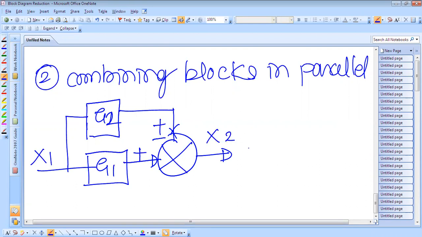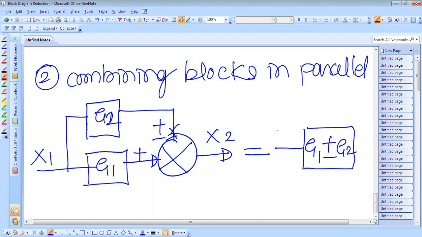If the two blocks are connected in parallel and they are added at the summing point, what will be this X2? This can be represented by only one block, and it is G1 plus minus G2, and this is X1 and this is X2.